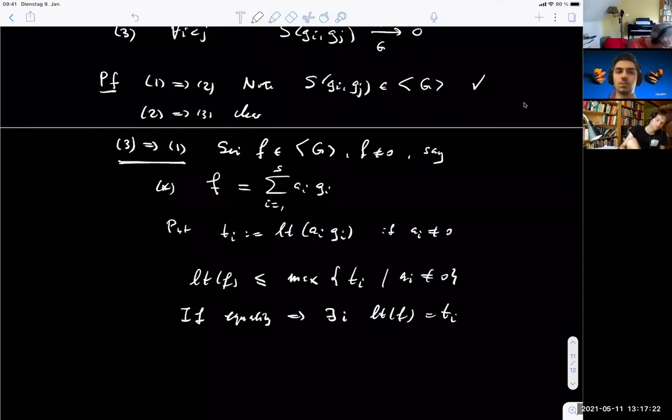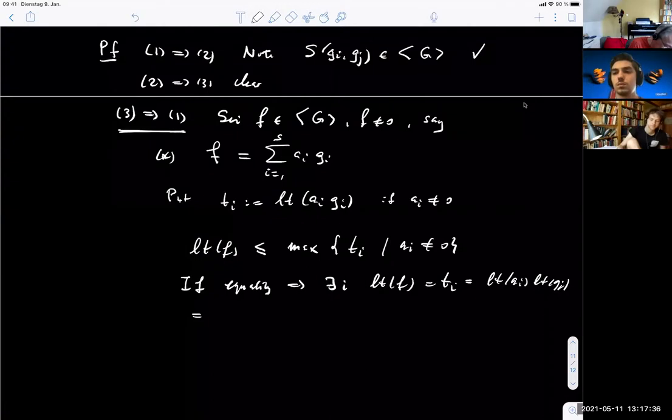This ti is the leading term of ai times the leading term of gi. But then I'm happy. Then I see the leading term of f indeed is in the ideal generated by the leading terms of these g's. That's what I want. Then I see a Gröbner basis.